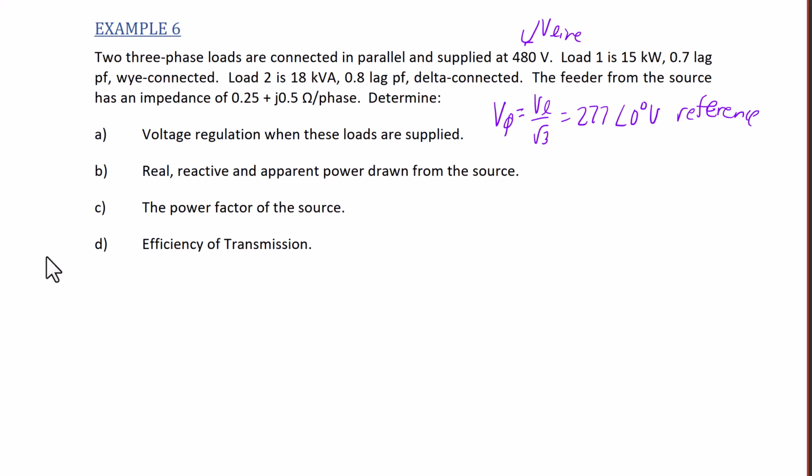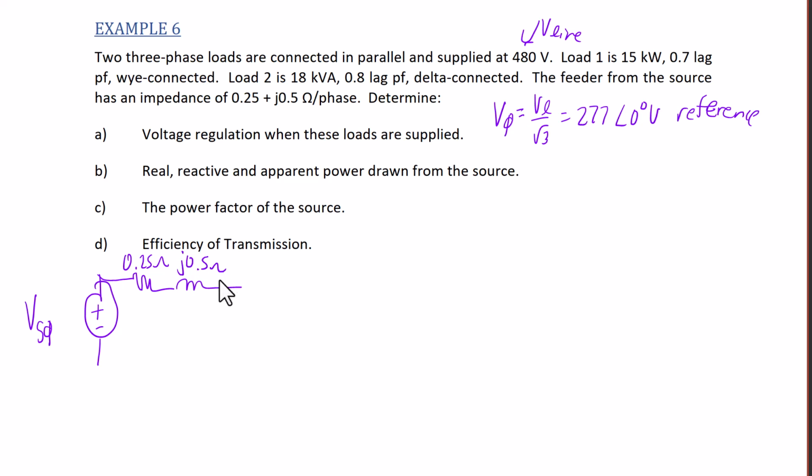So now let's draw a diagram that represents this system. So here we have the voltage source for the system. Here we have the impedance of the feeder or the line, 0.25 ohms, j0.5 ohms.